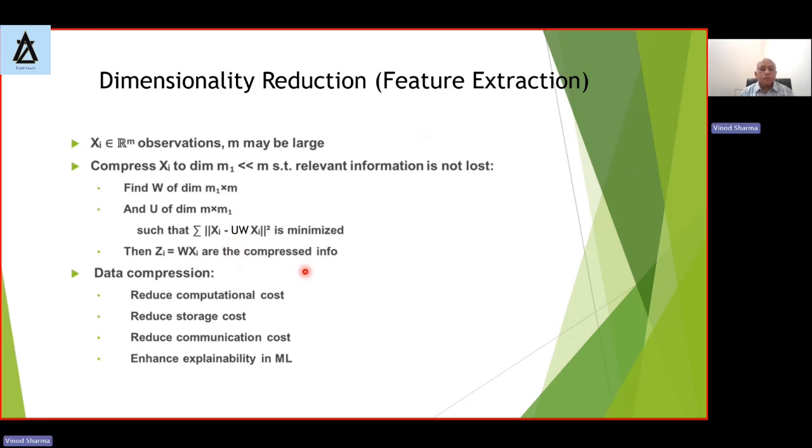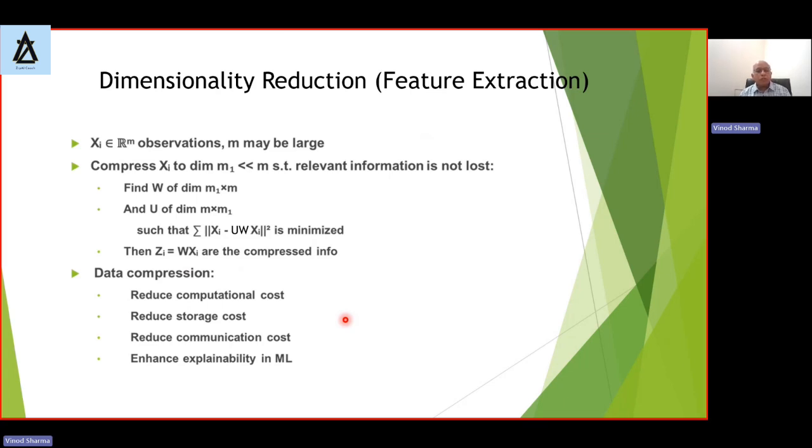What is the purpose of dimension reduction? This leads to data compression. Data of dimension m has been compressed into data of dimension m1. If we work in machine learning using zi instead of xi, the computational cost can be reduced. If m1 is much smaller, then the cost reduction can be very large. Storing zi will require a lot less storage than storing xi's.